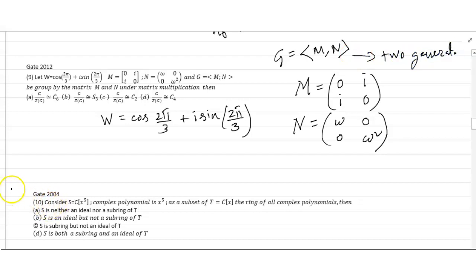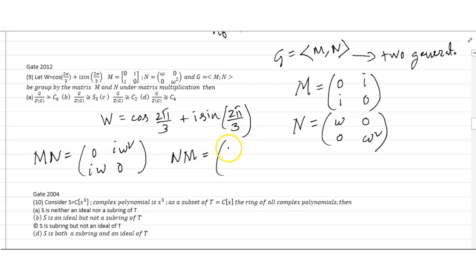Now, what is the value of MN? If I multiply MN, then the value is 0 i omega square and i omega, 0. Similarly NM, if we multiply by the matrix multiplication method, whatever I get is 0 i omega, i omega square 0.